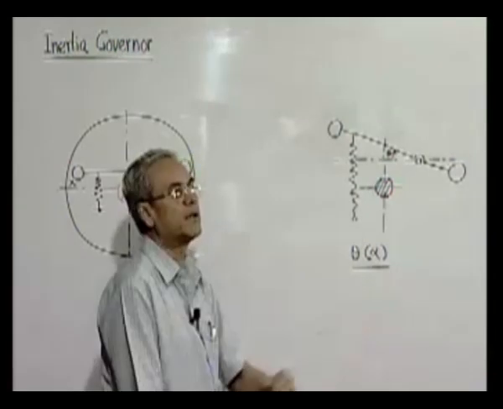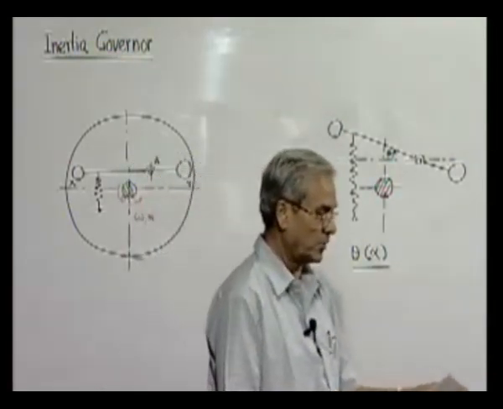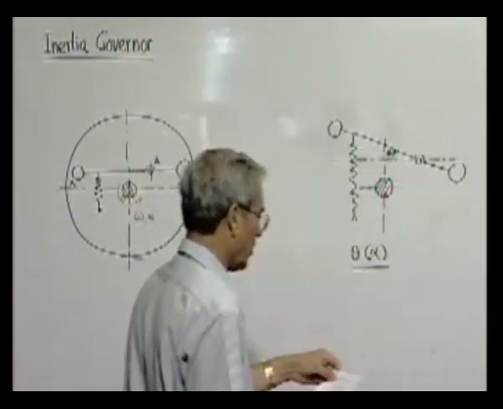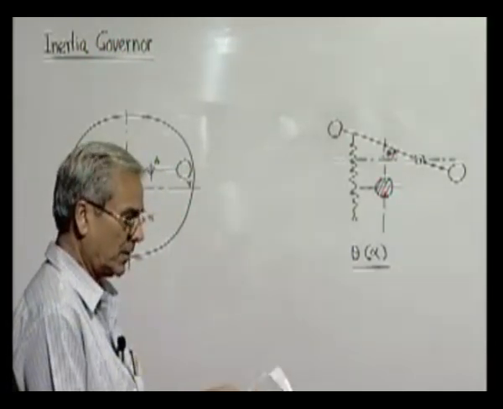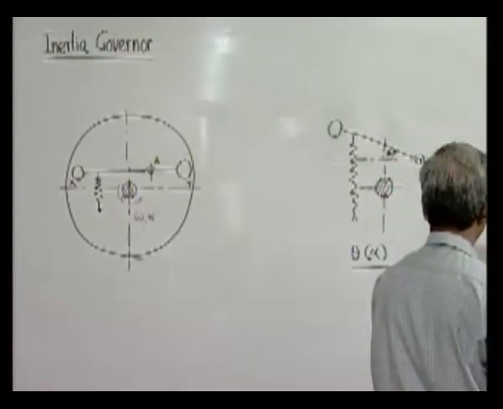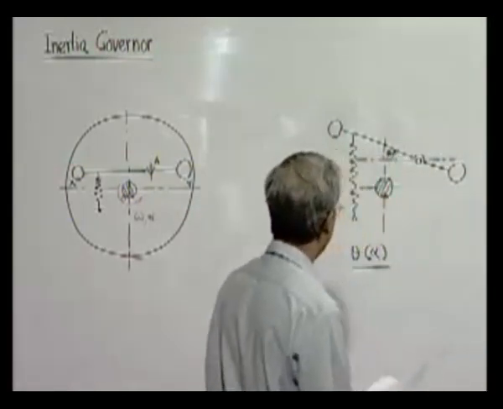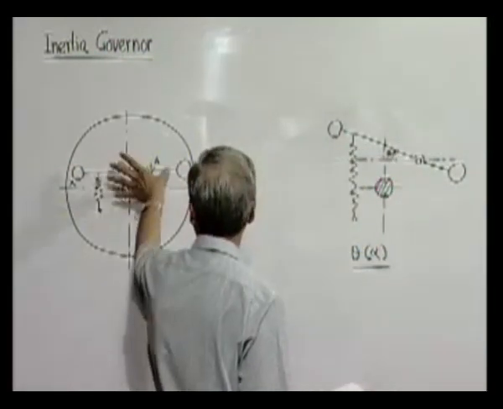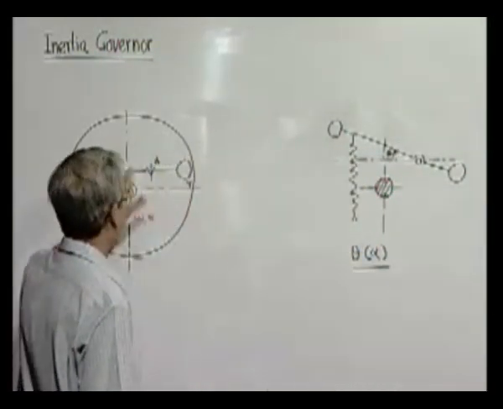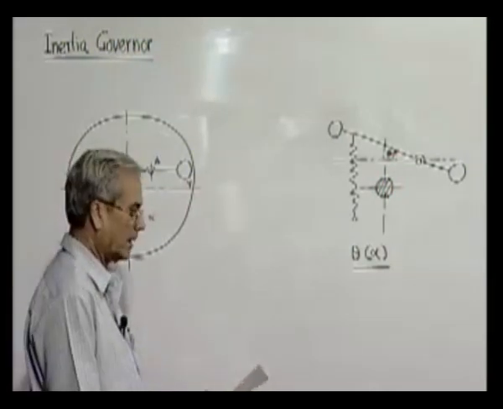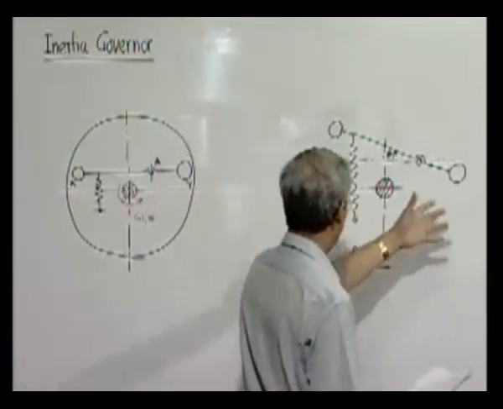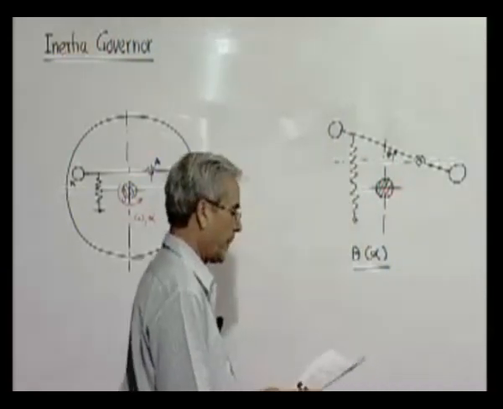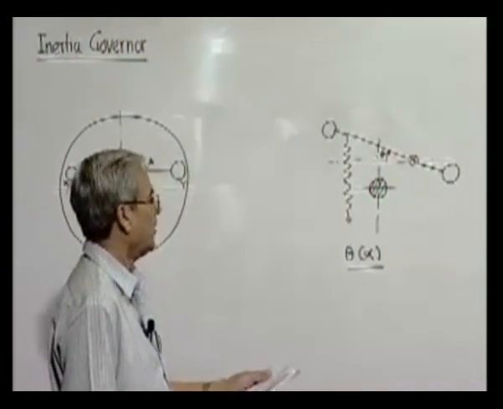So it is definitely much quicker in response. This type of governor is called an inertia governor or sometimes a flywheel governor. I think this will be an interesting exercise: you assign various dimensions and then find out an expression of this angle of rotation as a function of alpha.